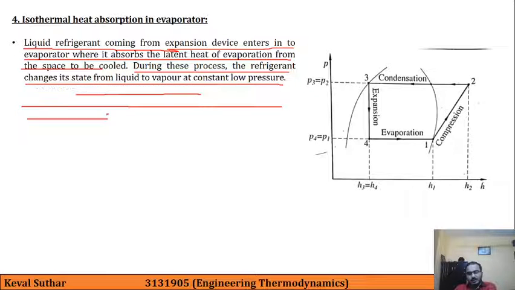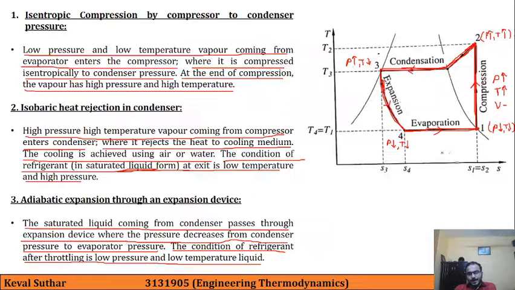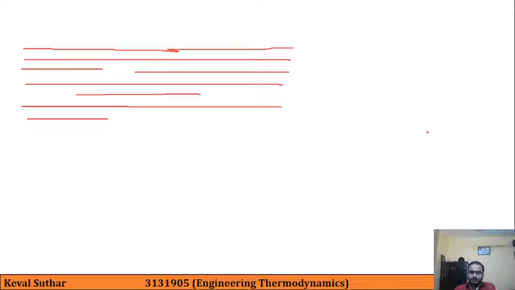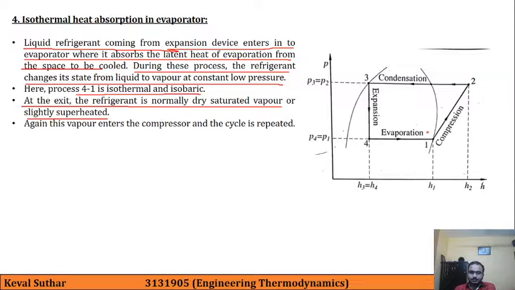So if we go back here, in this figure it is dry saturated, and it is isobaric as well as isothermal, that is, temperature and pressure remain constant throughout the evaporation process. And again this vapor enters the compressor and the cycle is repeated.